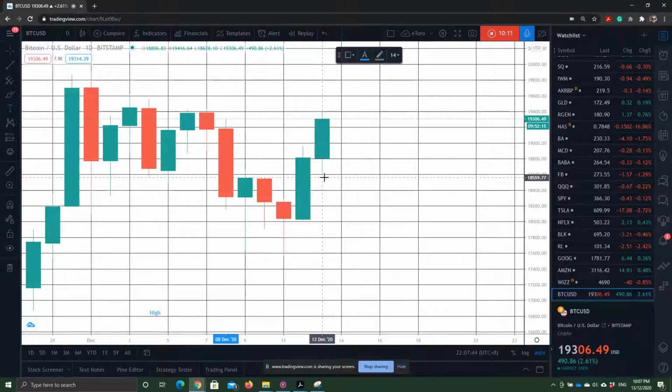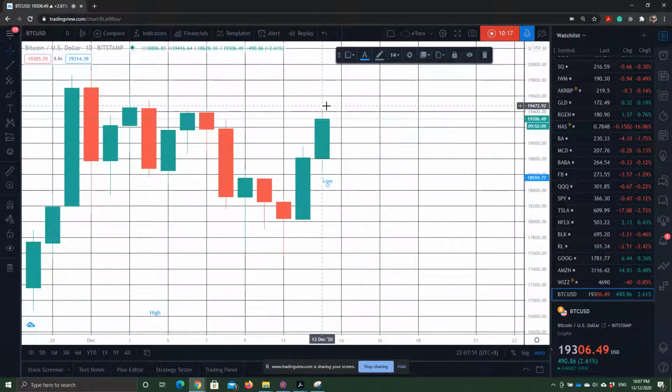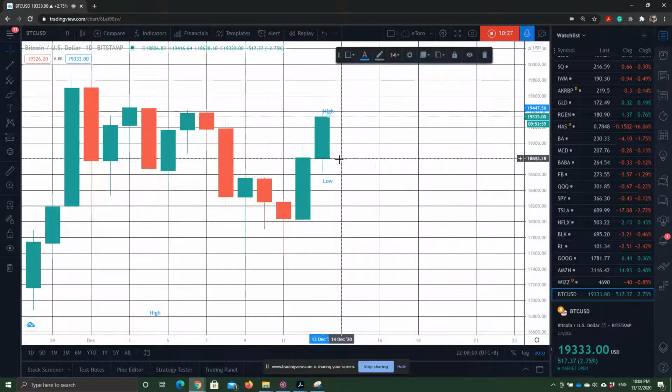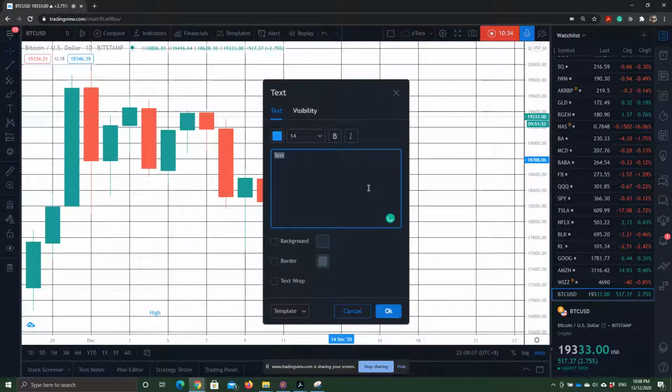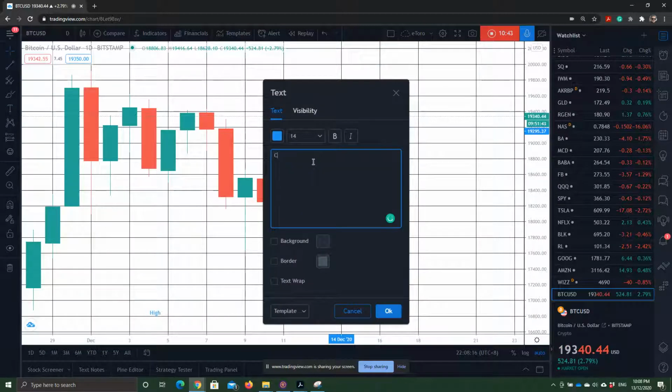This bottom here shows the low price for the period. This top here shows the high price. And again, we have the open and also we have the close.